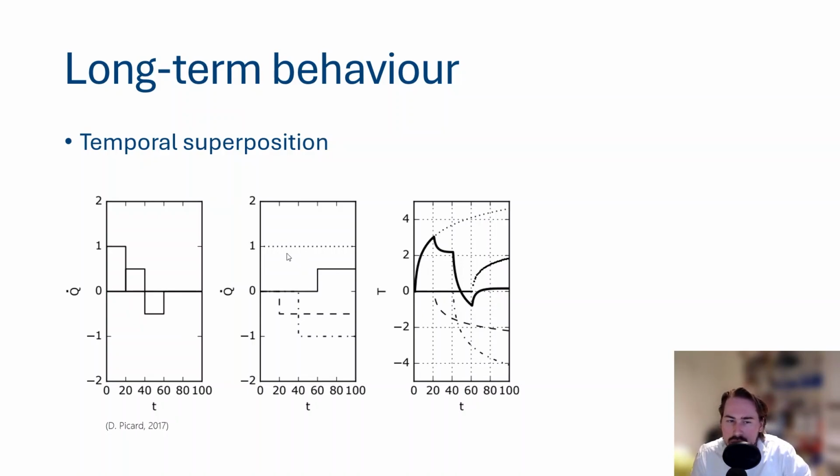So the way that we do that is we keep the load at 1, but after 20 hours, we add minus a half. So we add another unit step, this time of minus a half, so that together, this 1 and this minus a half, they will get you this 0.5 heating load.